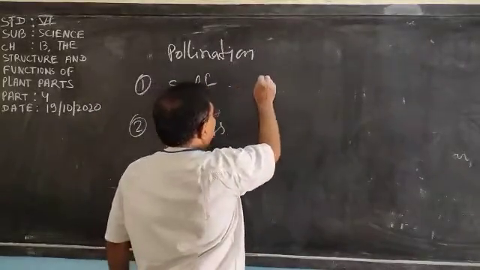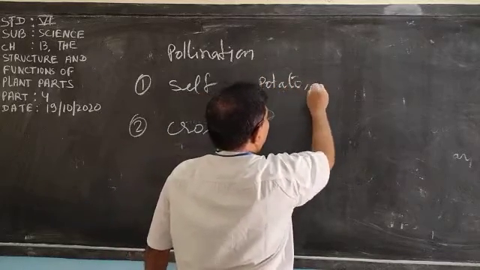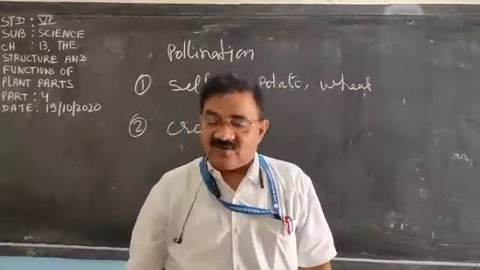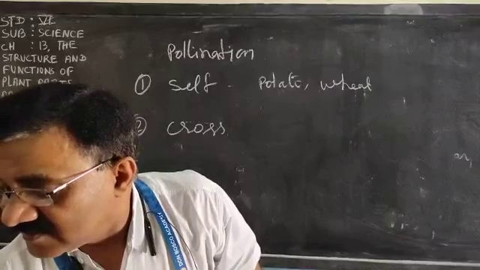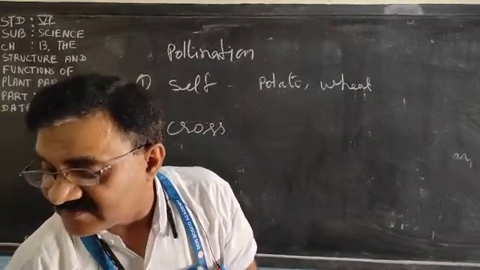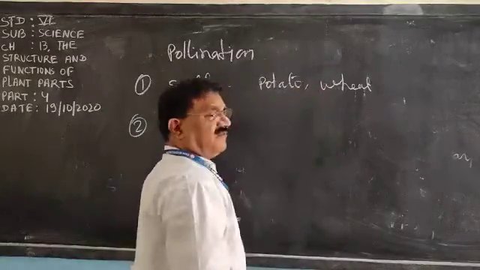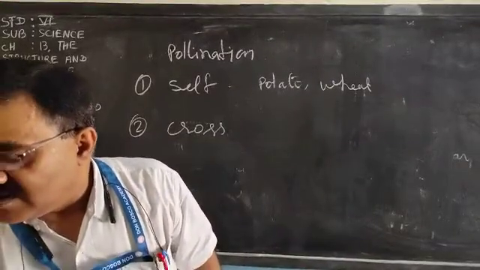In potato, rice, wheat, maize, we can see self-pollination.